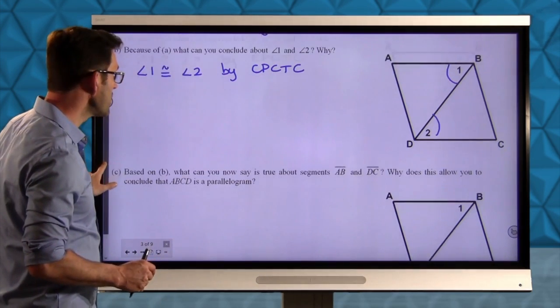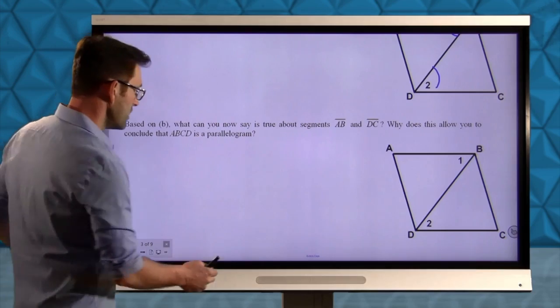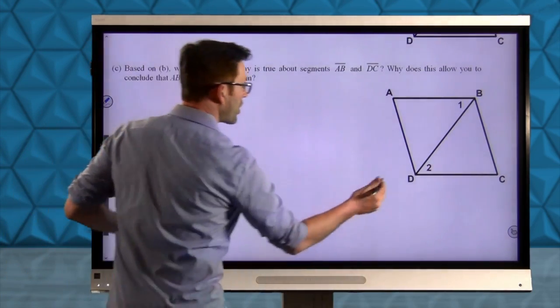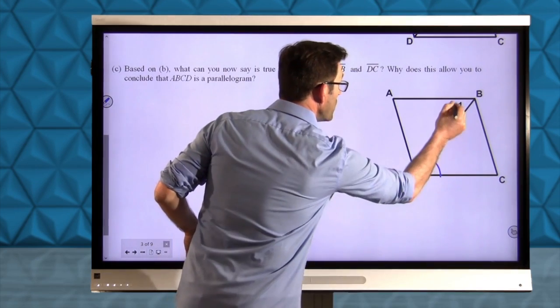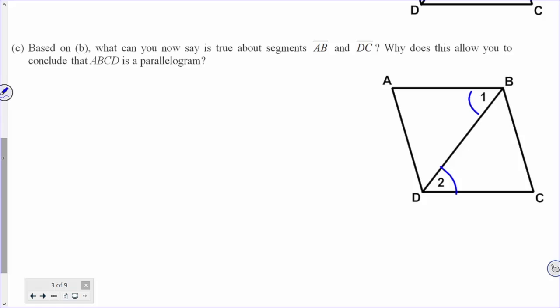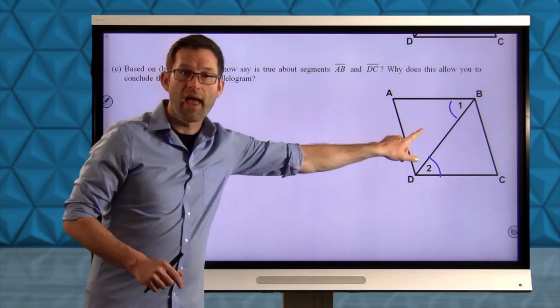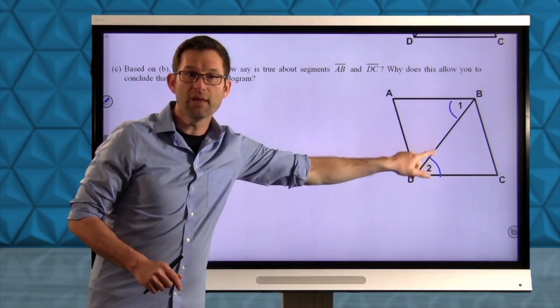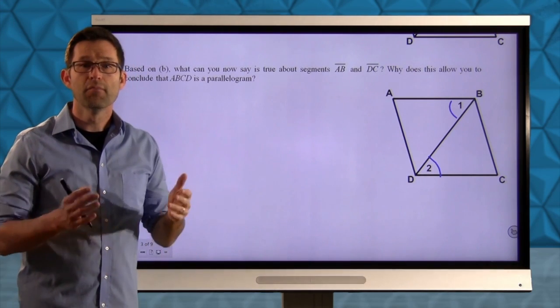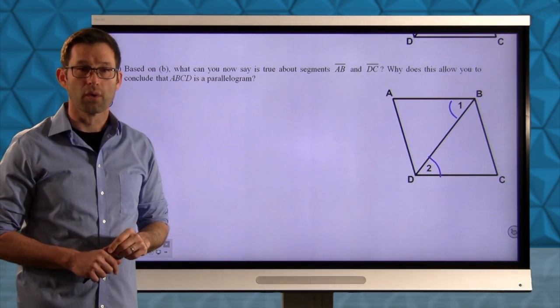And now let's take a look at letter C. Let me extend the page a little bit, and let me mark these two angles as being congruent. Letter C now says, based on B, what can you say is true about AB and DC? What can you say about those two line segments because angle 1 and angle 2 are congruent?